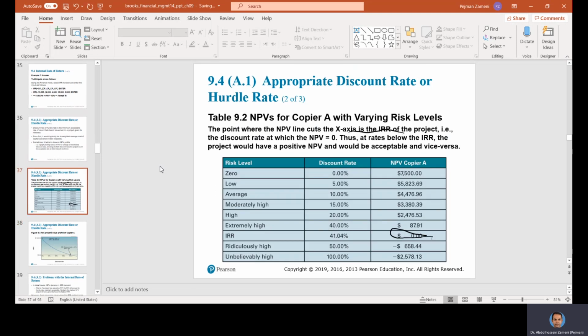What does this mean? Okay, if you remember, I just mentioned that if we assume this axis is NPV and this one is the discount rate, then we can do the sensitivity analysis and find the NPV with different discount rates. And here is the IRR. The IRR should be bigger than the discount rate or the hurdle rate.